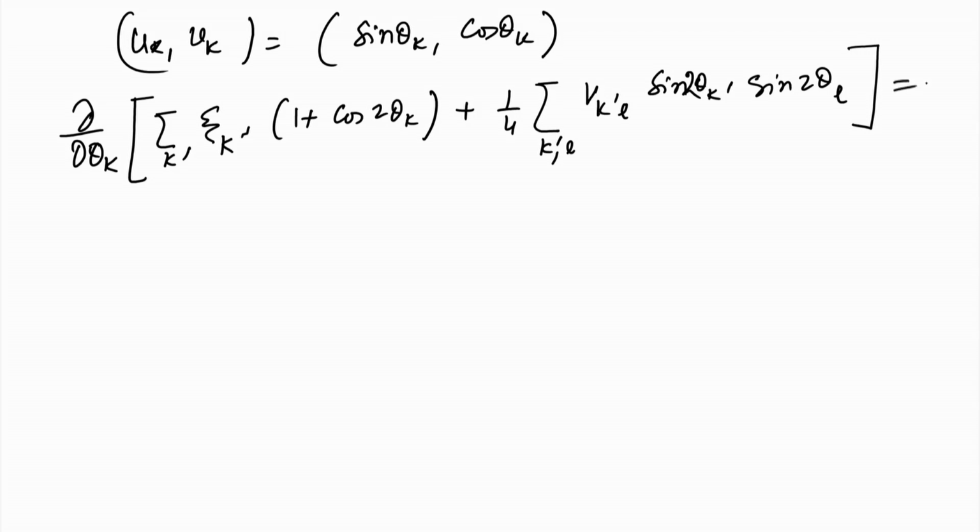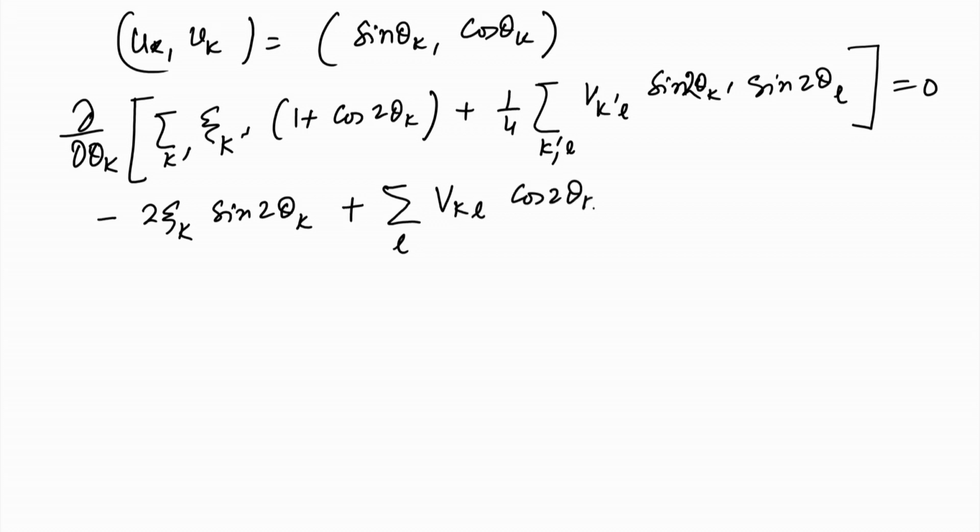Put this equal to 0 in order to do a variational calculation and see the extremum value of theta_k which minimizes the energy. So, minus 2 xi_k sin 2 theta_k, after you do this derivative, plus sum over l of V_kl cos 2 theta_k sin 2 theta_l, equals 0.